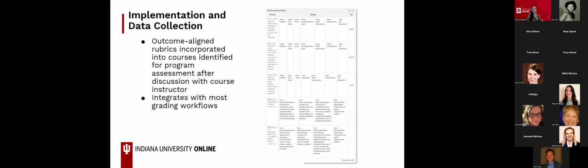So I'm going to mention just a little bit about how we implement these rubrics and what we do about data collection. So we use Canvas outcomes for our collaborative online programs. We have master lists of the learning outcomes at university level that can then be trickled down into all accounts throughout the Indiana University system within Canvas.